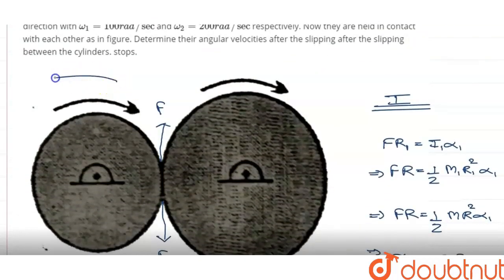Now let's say these are the final angular velocities: omega 1f, omega 2f. When they have achieved their final angular velocities, they are no longer slipping. So at the point of contact, their velocities are going to be the same.